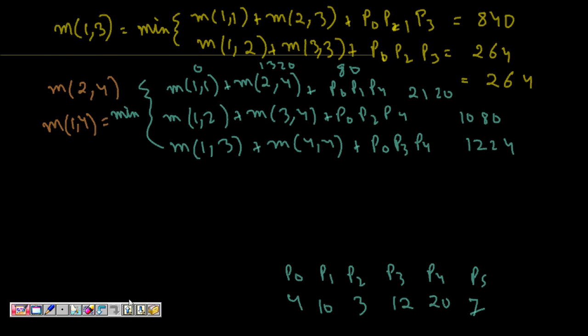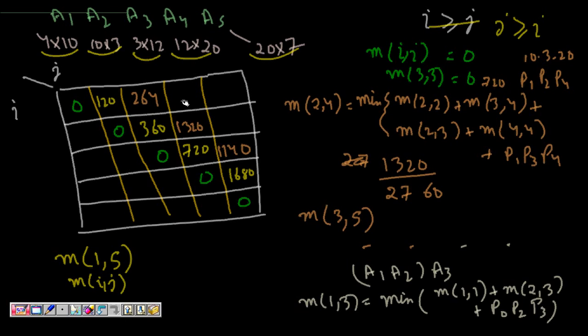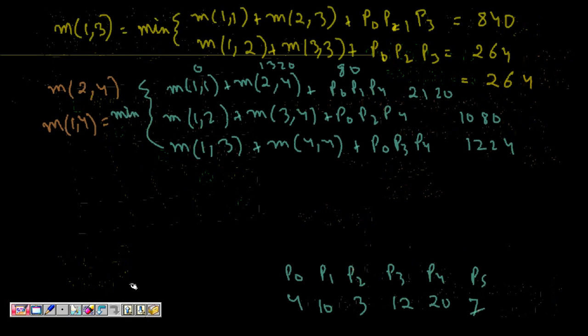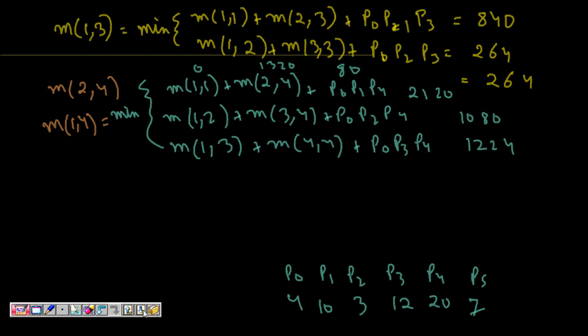So we put this value 1080, and similarly if we calculate the other one, it is 1350. Now we are almost done. Our last step: we are filling diagonal-wise, and our last work is to calculate M1,5.